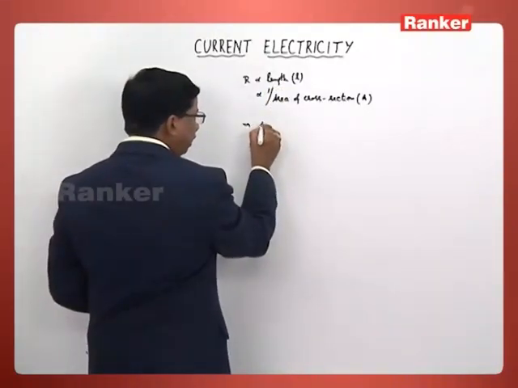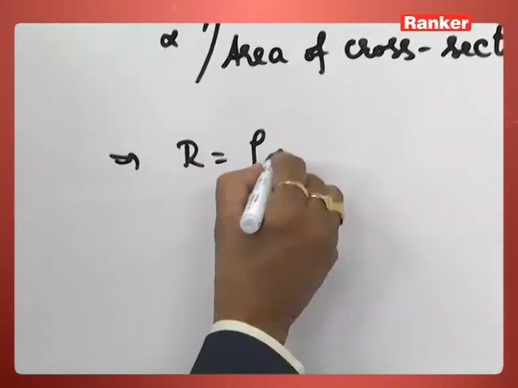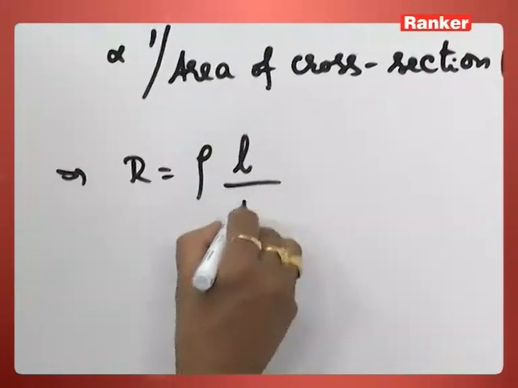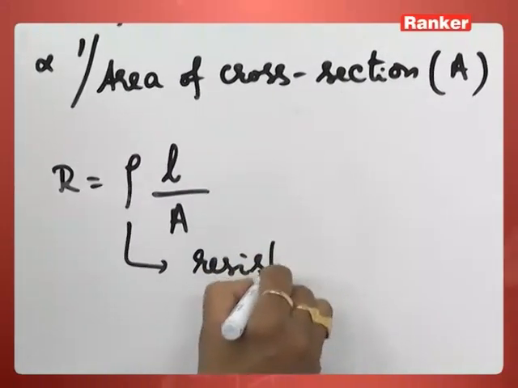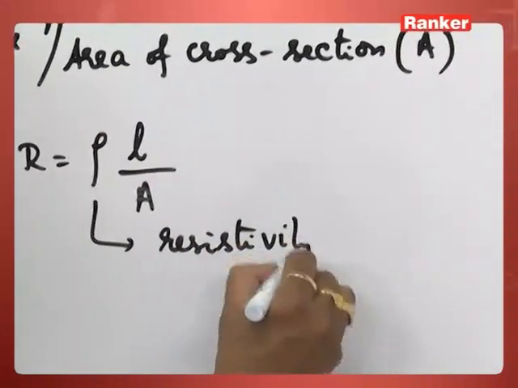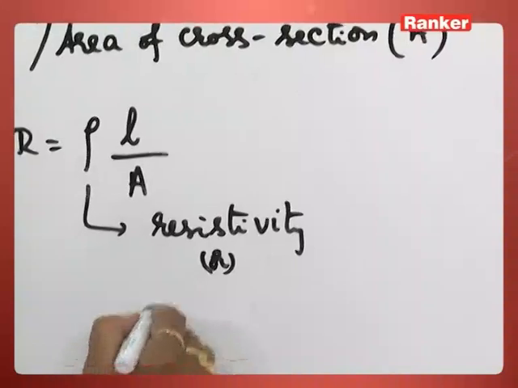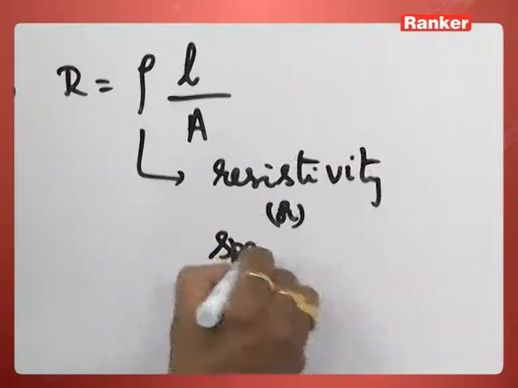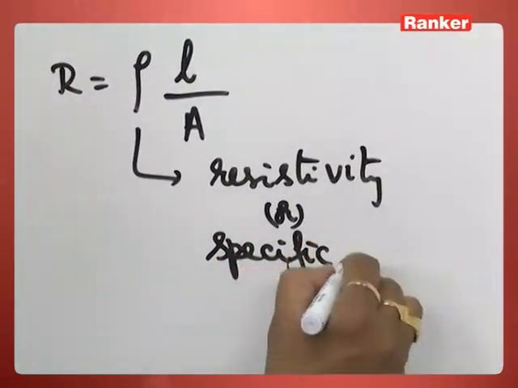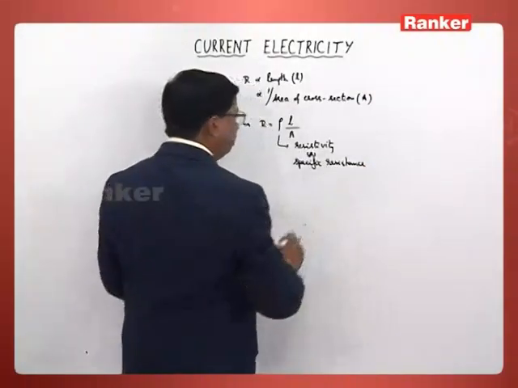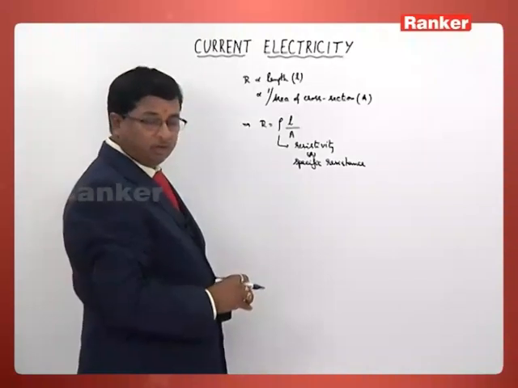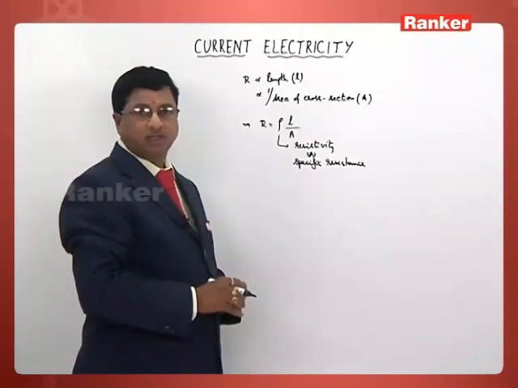In this regard, resistance can be written as rho into L over A. This rho is called resistivity. You can definitely understand this also can be called specific resistance. Theoretically, there is one point we have to remember related to this resistivity, that is rho.